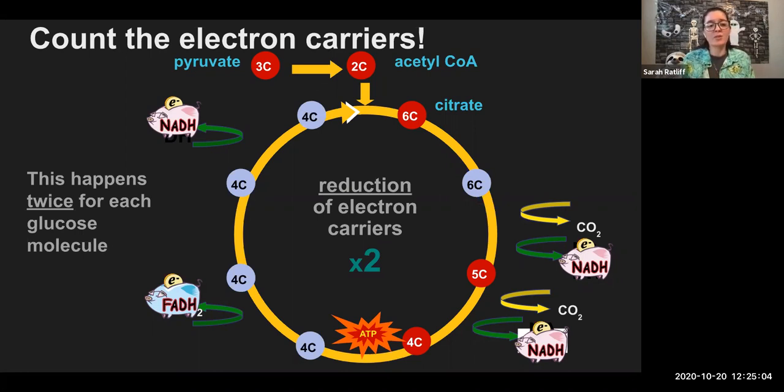Those 4 leftovers rearrange to create a third NADH and 1 FADH2. So for every 1 pyruvate, we're making 4 electron carriers, happening 2 times. So for 1 glucose molecule, we get 8 of these electron carriers.